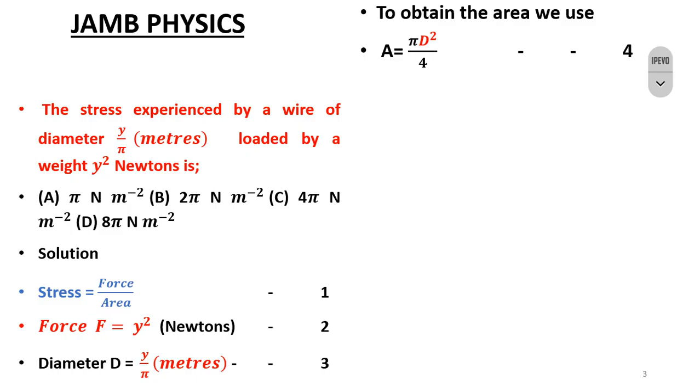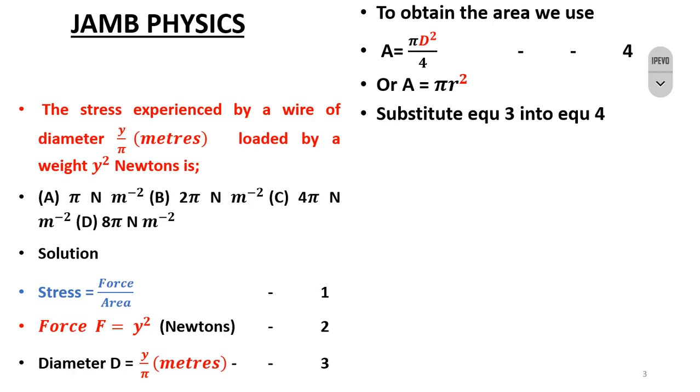In this case, I prefer using pi d square over 4, but even if you use pi r squared and then divide the diameter into 2, you will still arrive at the correct answer. And if you like me to solve it using pi r squared, you can as well comment on the comment section.